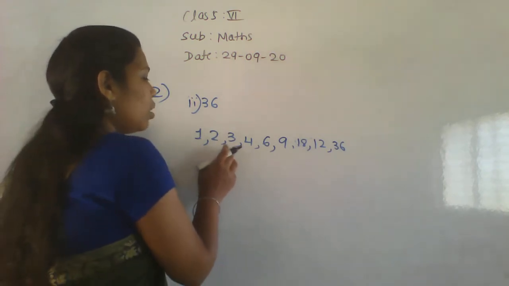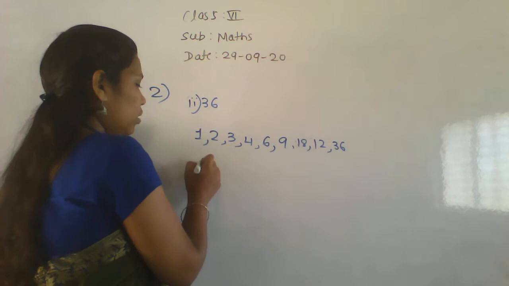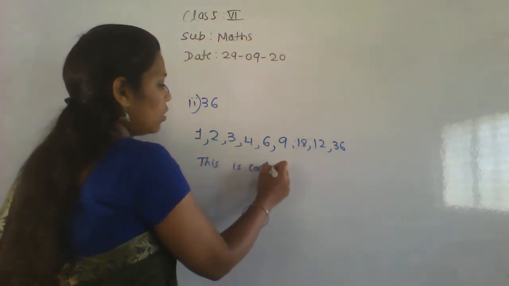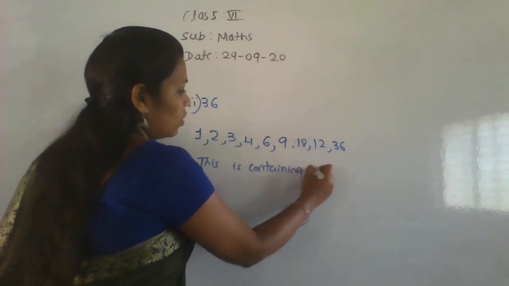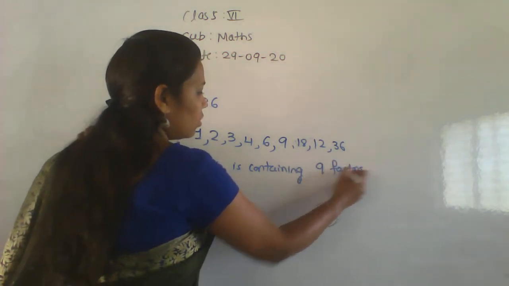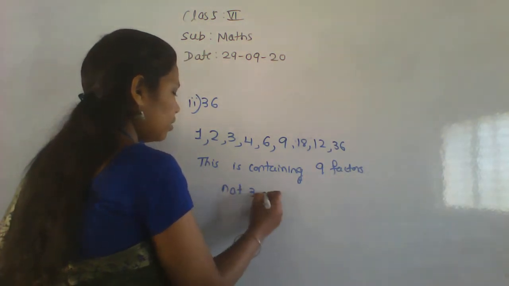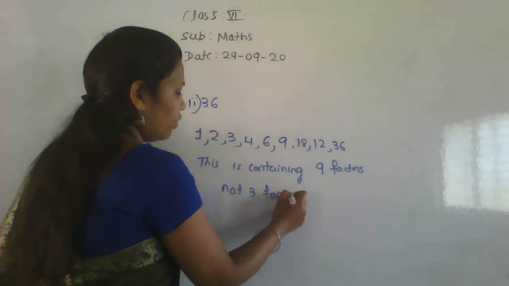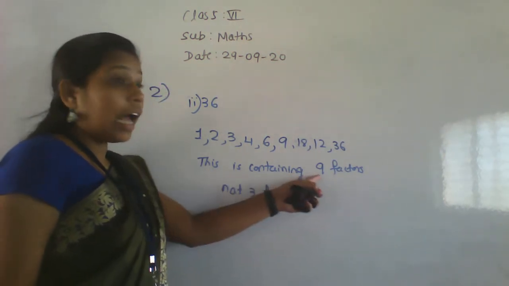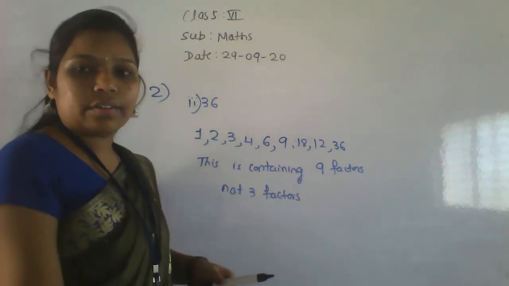How many are there? 9 factors. So 36 is containing 9 factors, not 3 factors. Like that you have to write here.